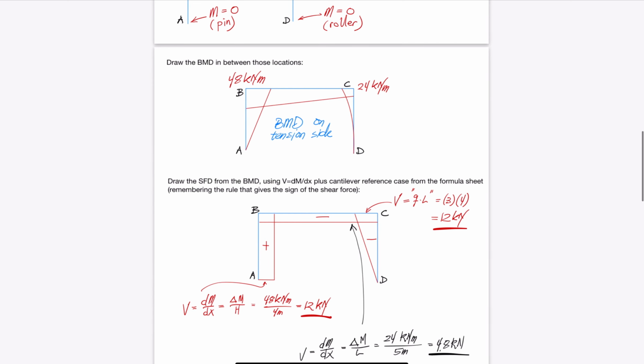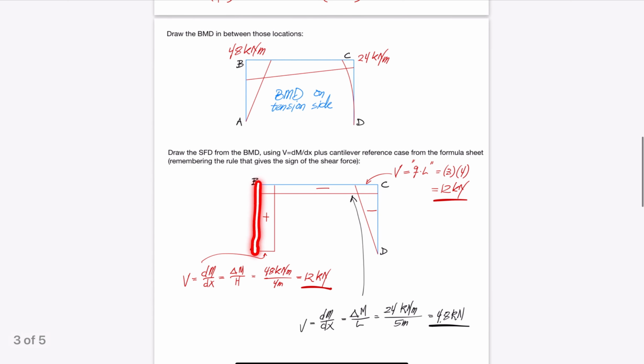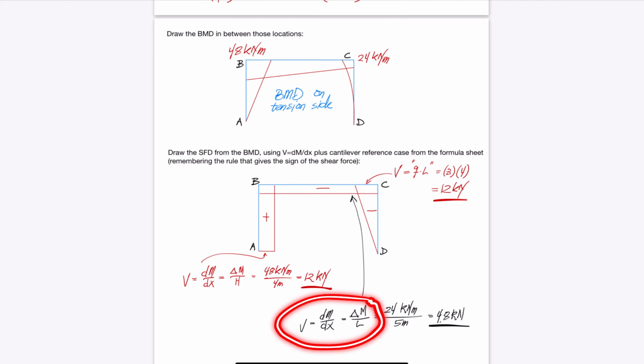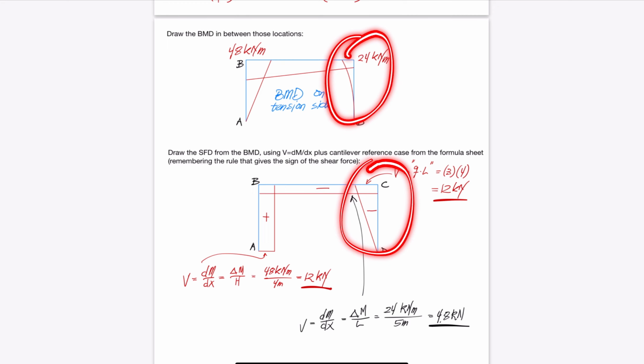Now that we have the bending moment diagram, we are ready to address the shear force diagram. Members AB and BC are easy. These members do not have load along them, so we simply use the fact that the shear force is the change in moment along the member, divided by the length of the member. That leads to 12 kN shear force in column AB and 4.8 kN shear force in beam BC. The shear in the column is positive because of the easy downhill walk on the moment diagram. The shear in the beam is negative because of the tough uphill walk along the bending moment diagram of the beam. The shear force diagram in column CD is composed of 2 parts.